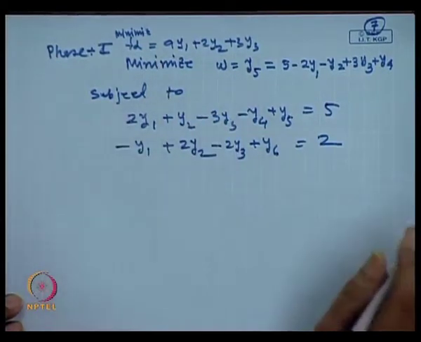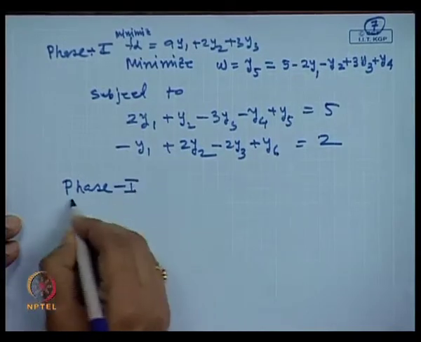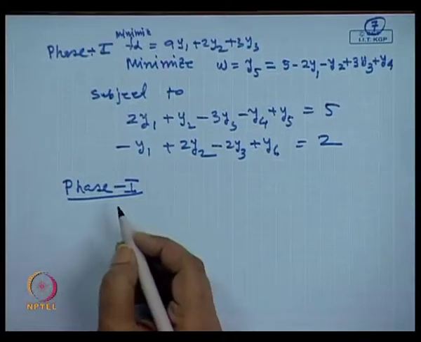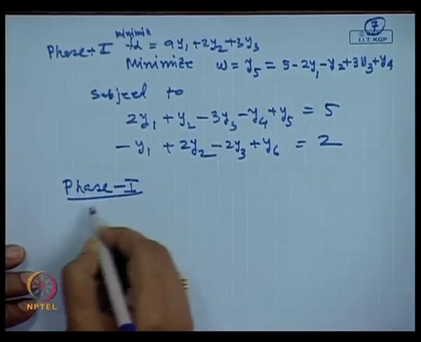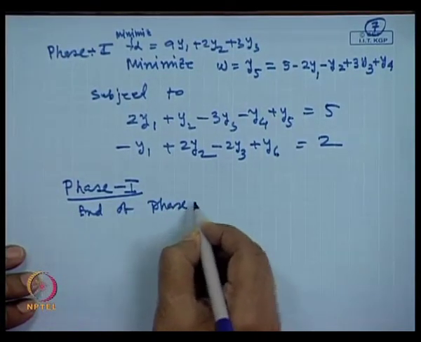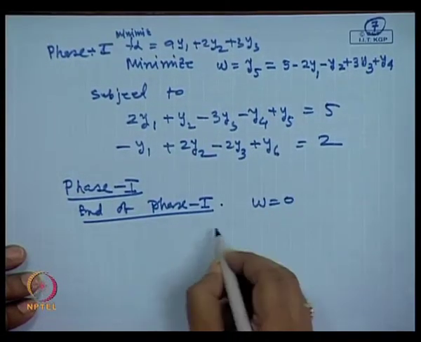I leave it as an exercise to work out, and you will get after completion of phase 1, at the end of phase 1, the value of W is equal to 0.